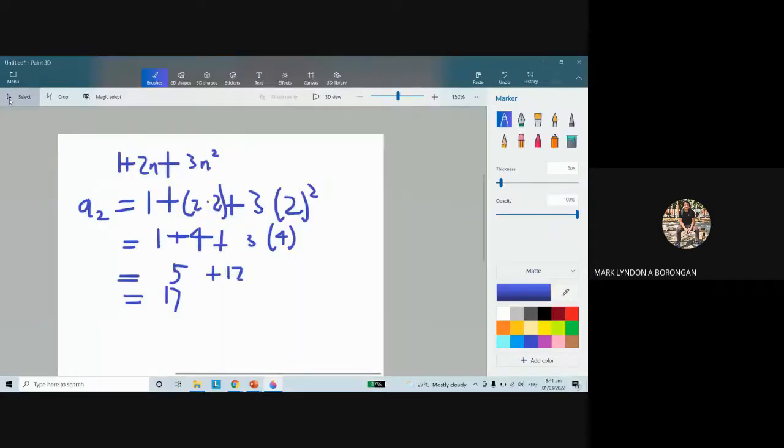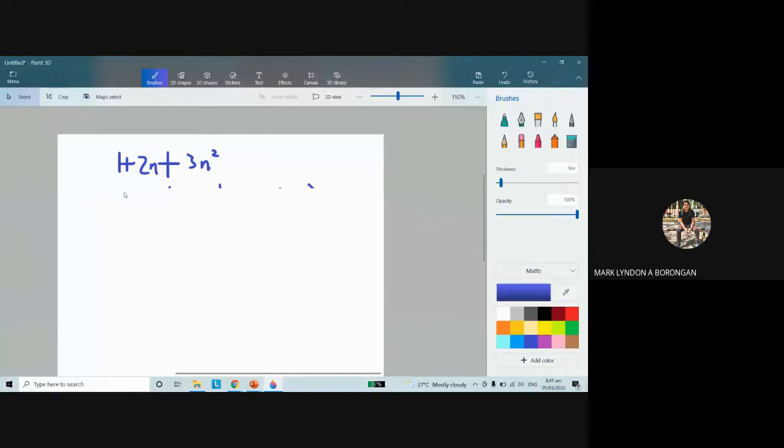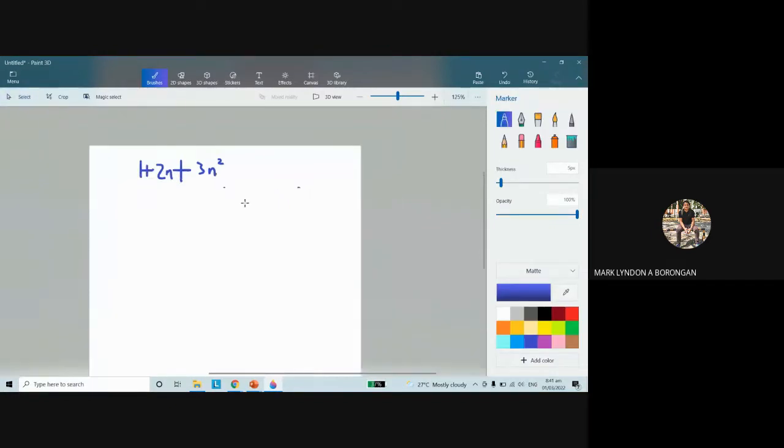Next is the third term. So a sub 3. 1 plus 2 times 3, since it is the third term, plus 3 times 3 squared. After substituting the values of our n, all we have to do is simplify. Our 2 times 3 will just be 6.